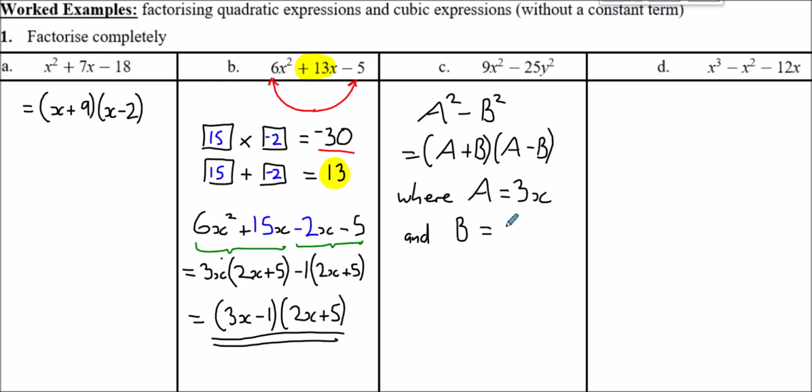Square root of 25 is 5, square root of y squared is y. So what I'm saying here is that 9x squared minus 25y squared can be factorised into 3x plus 5y, close brackets, and then 3x minus 5y.